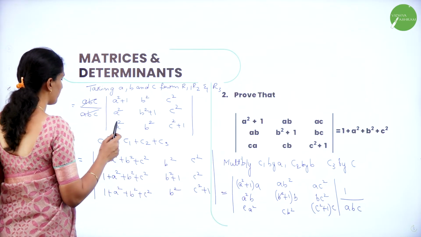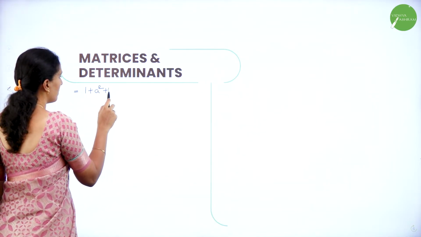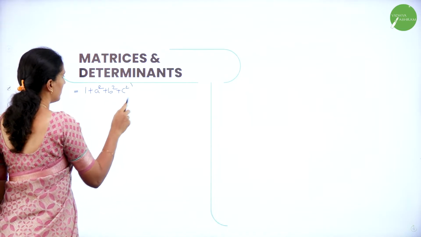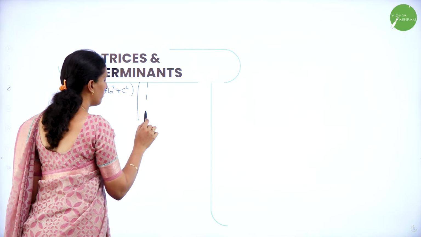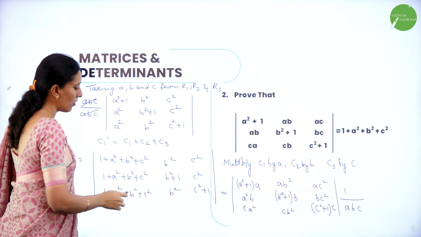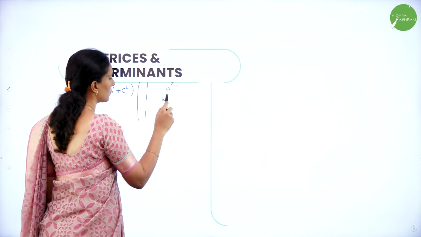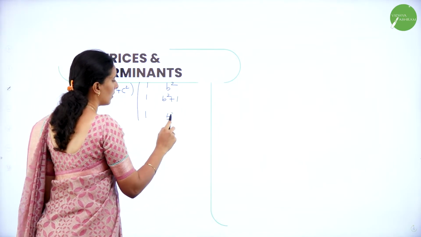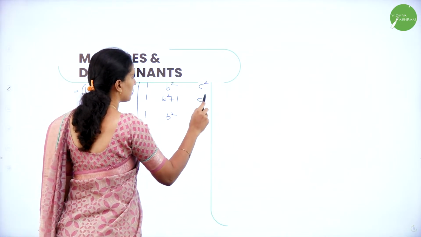So then you have 1 plus a square, b square plus c square. If you take it as common factor, the first column becomes 1, 1, 1. So the second column is b square plus 1, b square. The third column is c square plus 1.